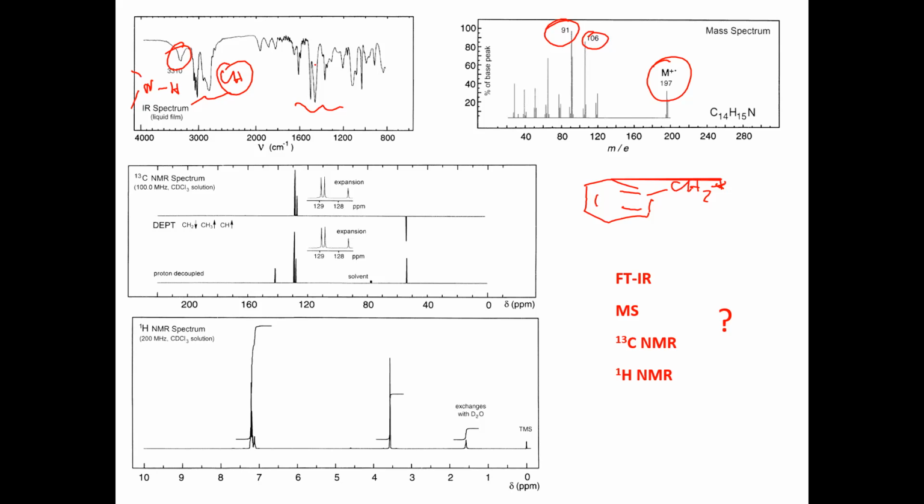You don't know enough from the IR and the mass spec alone, but you know that you have the typical 91, which is the benzyl group. Plus, you have one fragment minus 15, which normally implies that you might have a CH3 somewhere that can be lost in mass spec conditions.